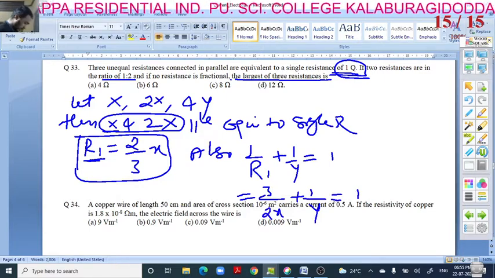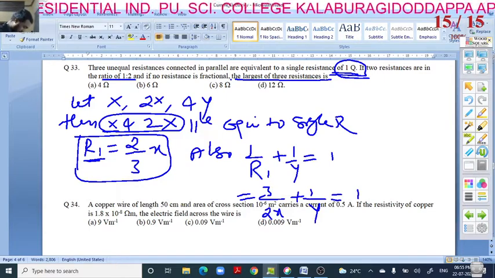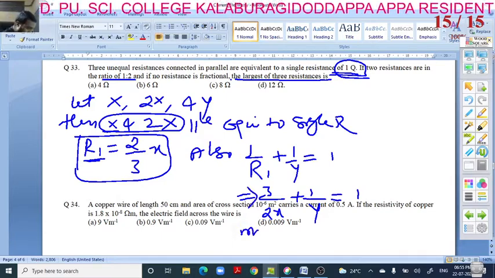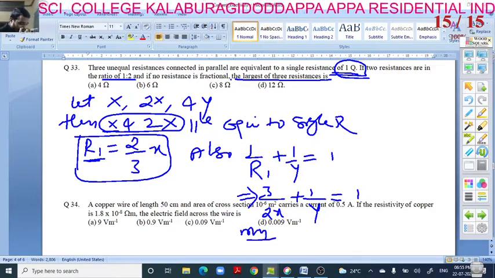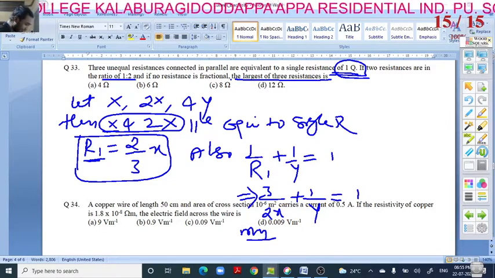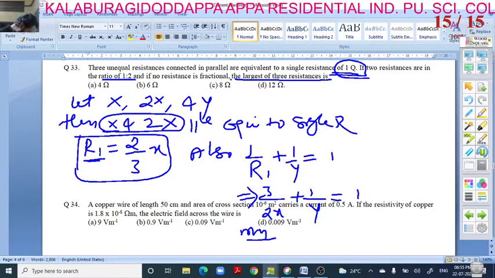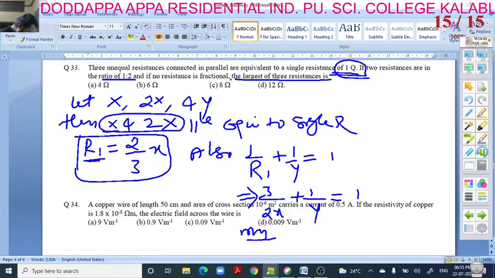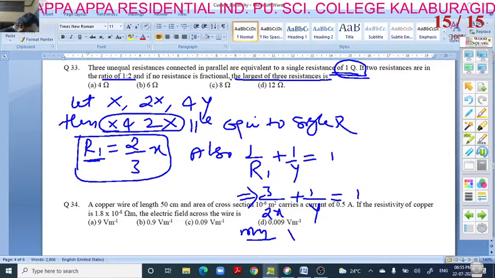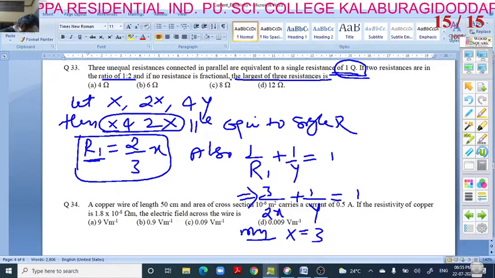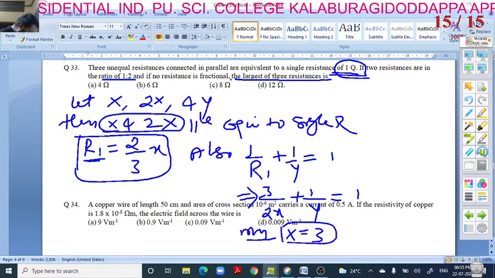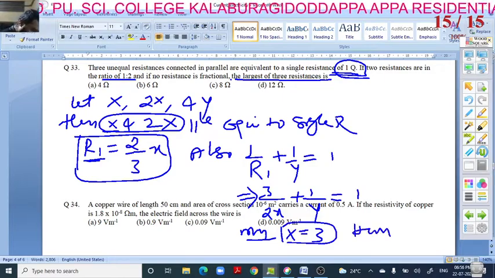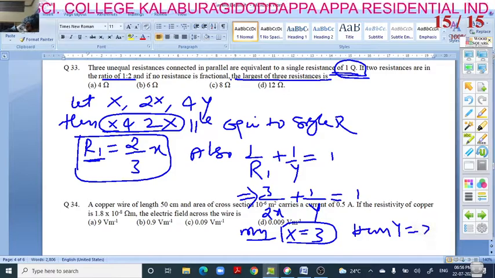Now observe the minimum value of x which satisfies the given condition: x is equal to 3. Hence y is equal to 2.